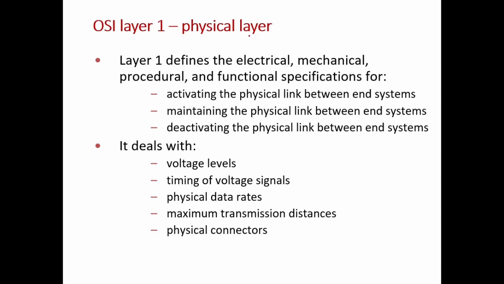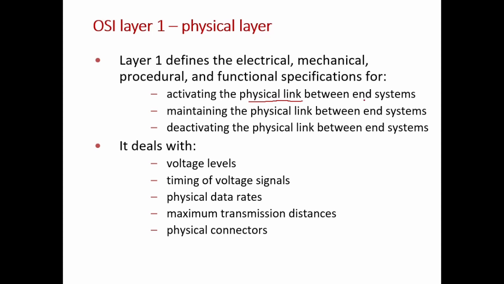The physical layer, which I will talk about during this lecture, is a layer where we define the electrical and mechanical aspects and every physical medium that we can use for the transmission. So this layer is responsible for activating the physical link. A physical link could be a cable, right?